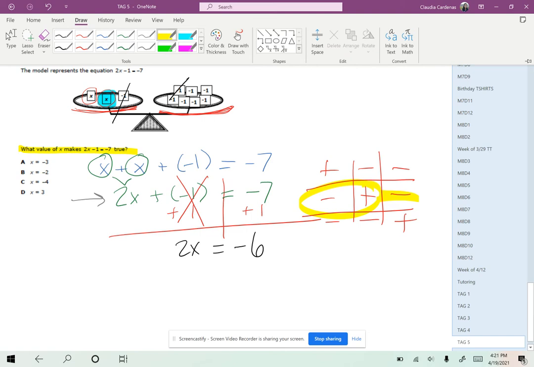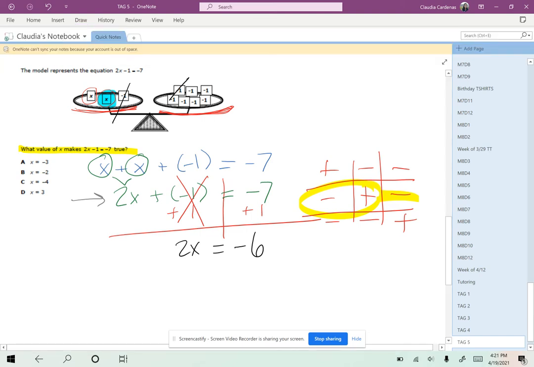So sure enough, we get negative 6. This is why it's super important to look at the model, because sometimes integers cause confusion and we're not sure what operation to do and what the sign is. The model makes it super easy for us to visually see how to get rid of and isolate the variable.